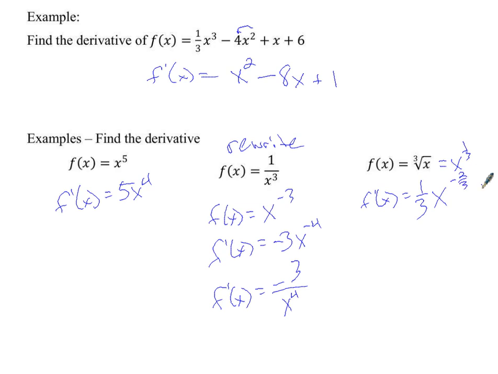We can't have a negative exponent in our answer, so we will rewrite this. f prime of x equals, that 1 is on top, the 3 is on the bottom, the x to the 2/3 also goes on the bottom. And we're going to leave our answer just like that. We don't have to worry about rationalizing or any of the other junk. That is the answer.